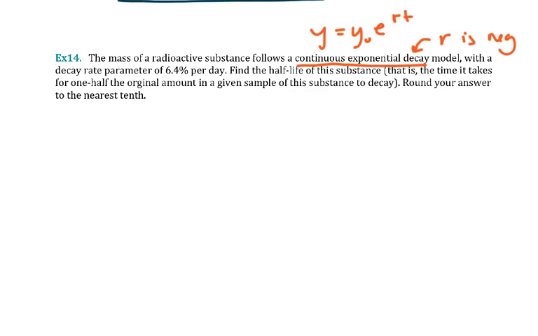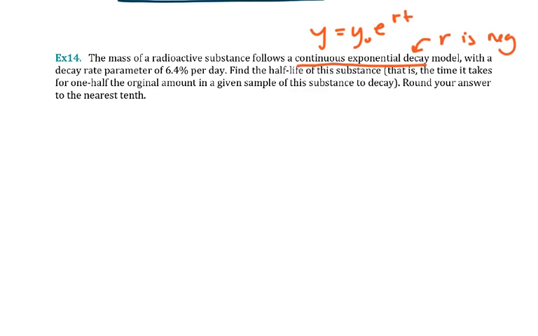We have a decay rate of 6.4% per day, and we want to find the half-life of the substance. A half-life is how long it takes for the substance to decay to 1/2 of what we initially had in our sample size. We'll round our answer to the nearest 10th.